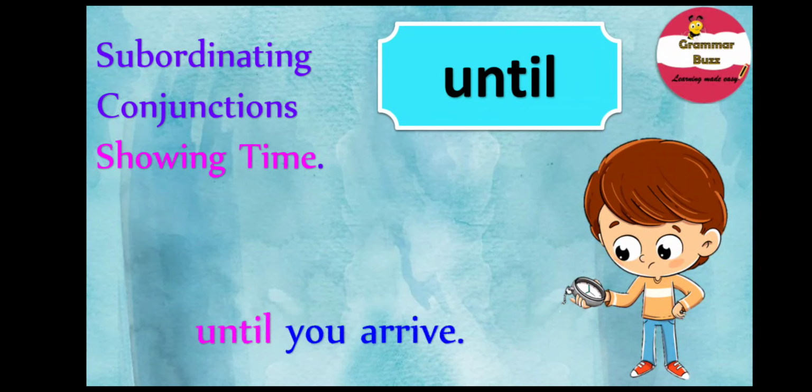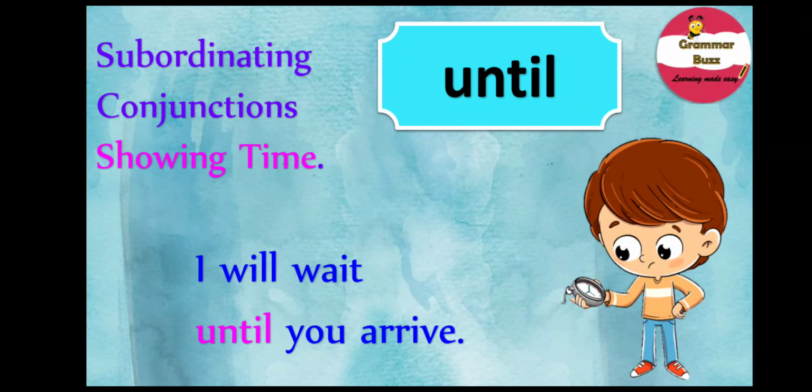And the sentence says, until you arrive. Well, that is definitely a dependent sentence because its meaning is not clear. And until is a subordinating conjunction because it comes at the beginning of the dependent sentence. So how do we complete the meaning of this sentence? Certainly, we have to join it to an independent sentence. And the independent sentence in this case is, I will wait.